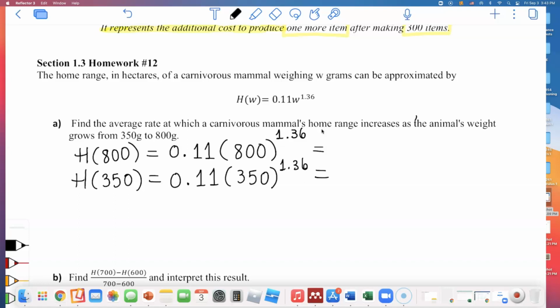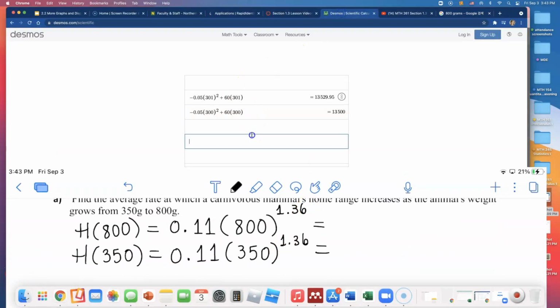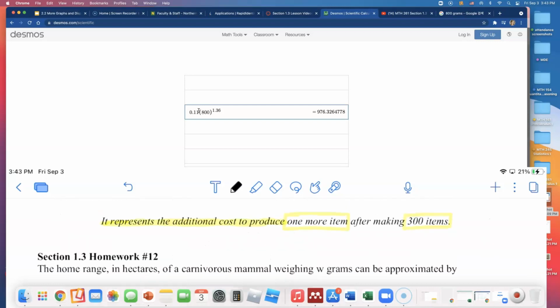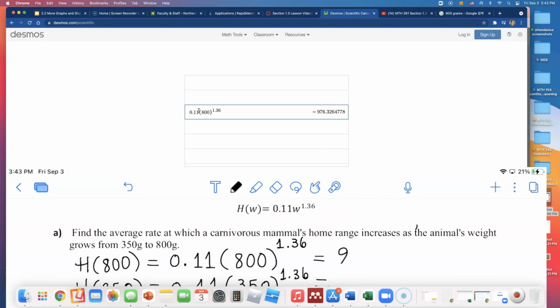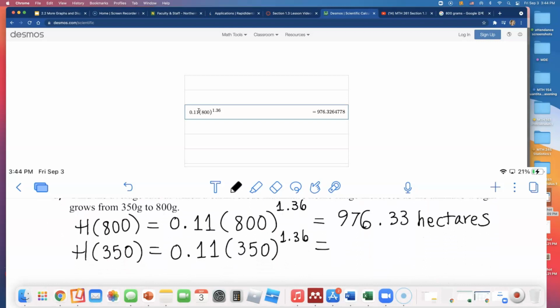At this point, I'm going to pick up the calculator. 0.11 times 800 raised to the 1.36 power. So the home range is, they didn't really say how to round it, so I'll say 976.33 hectares.